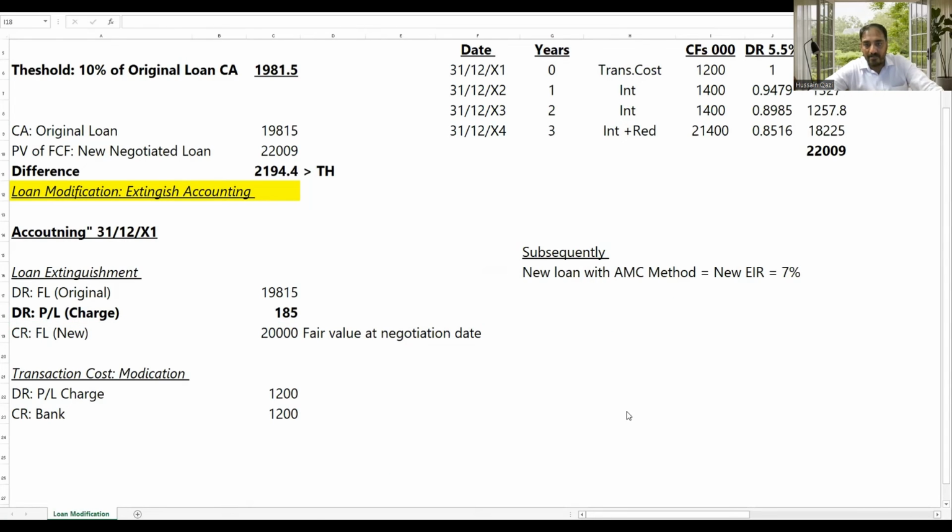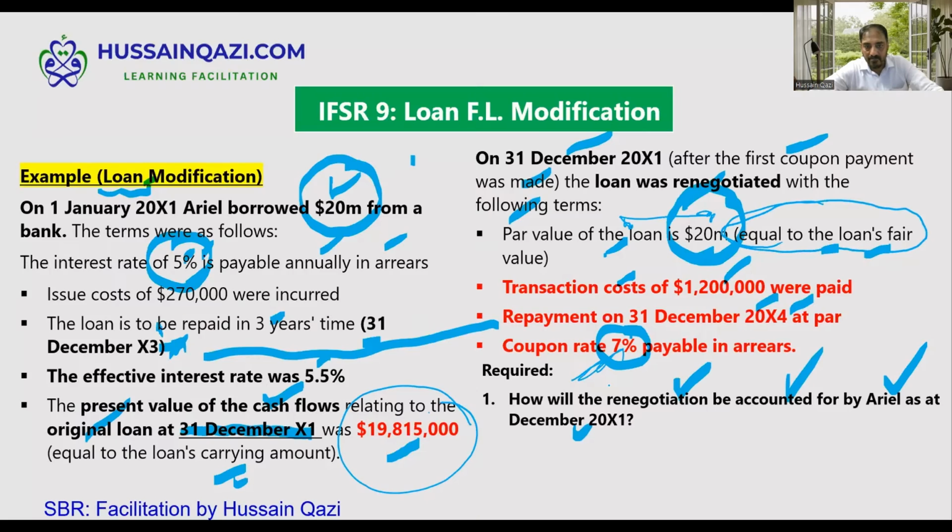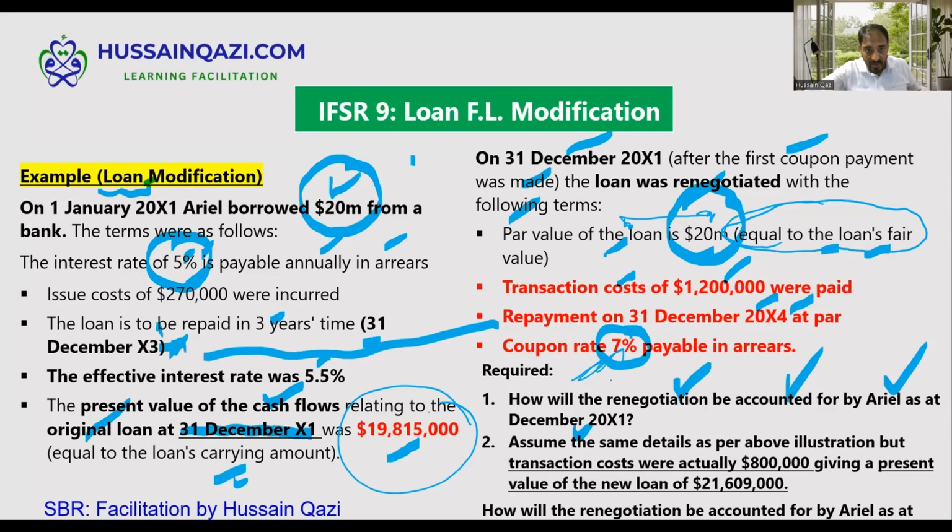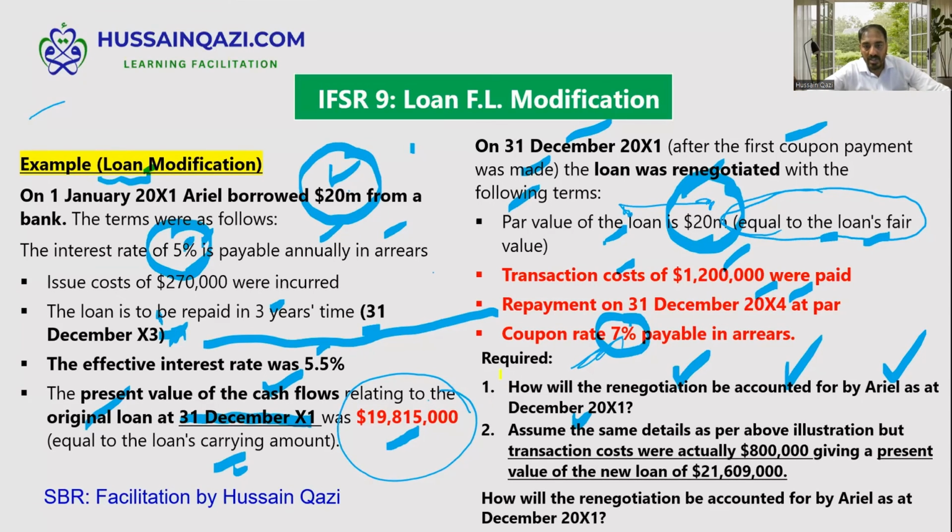Okay, last point. Now listen carefully. What if the requirement number 2? What is requirement number 2? Read it carefully.